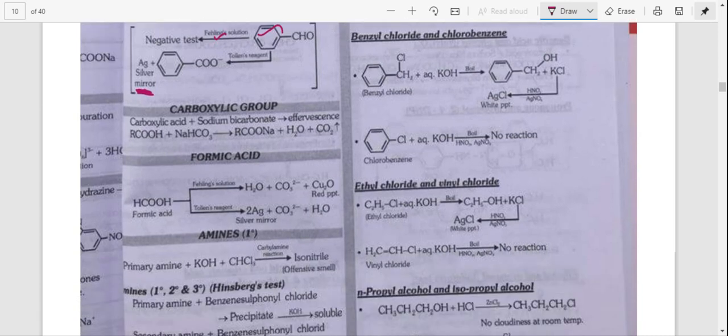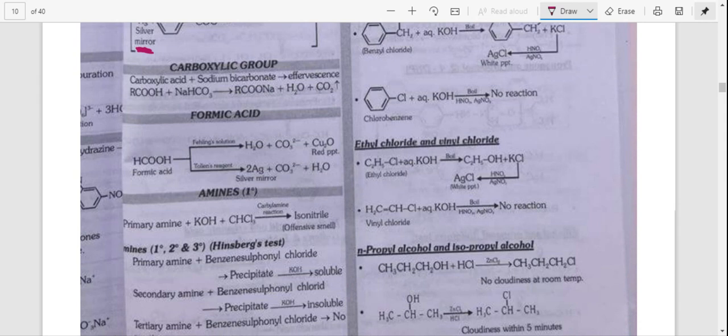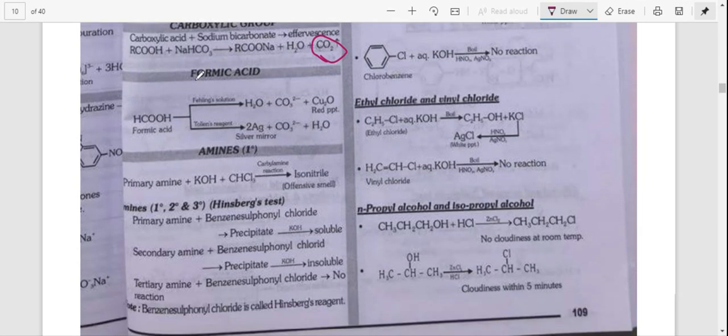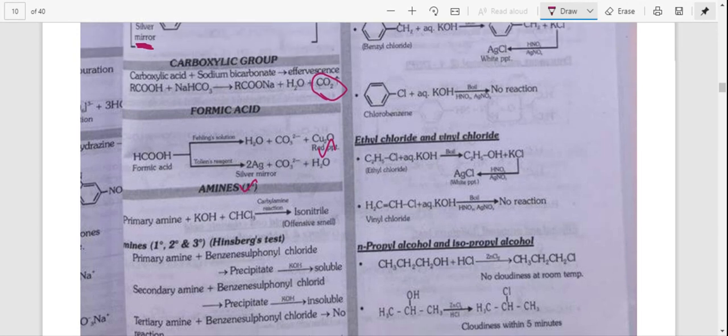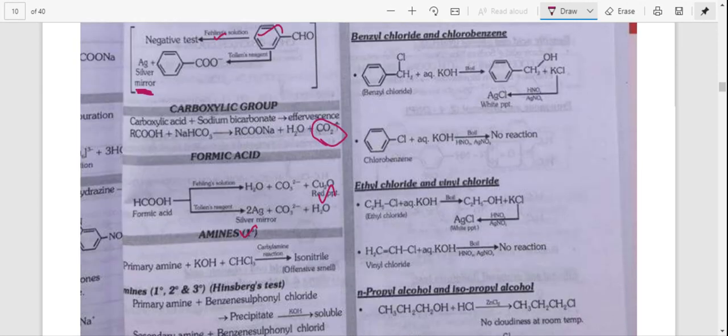Next for carboxylic group, that is COOH group, acid group. When reacted with sodium bicarbonate, it gives effervescence. Effervescence is CO2. It will give a brisk effervescence. Next for formic acid, first Tollens reagent, it will give silver mirror. For Fehling solution, it will give red precipitate. So formic acid gives positive test for both Fehling solution and Tollens reaction.